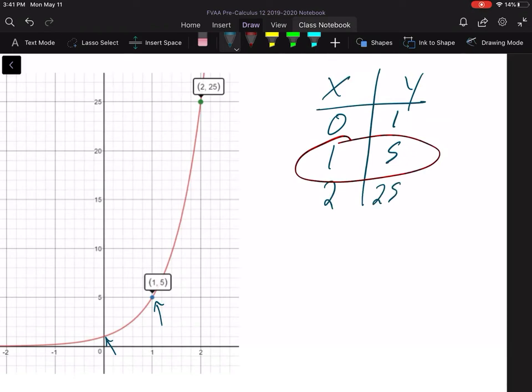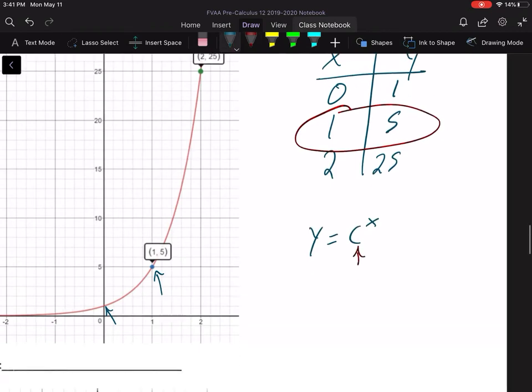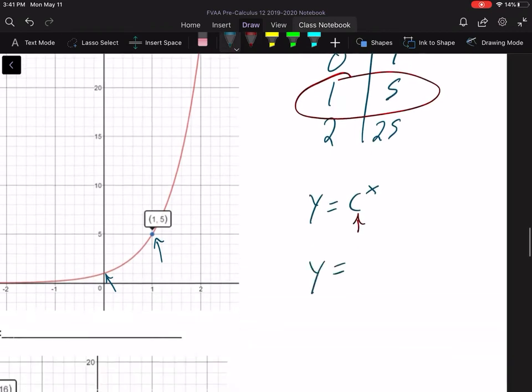This is an important one because when you're dealing with y is equal to c to the x and you're trying to figure out what c is, okay? C is going to be what y is equal to when x is equal to 1, right? Any number to the exponent of 1 is just that number. It's like multiplying the number by 1, right? It's just the number.